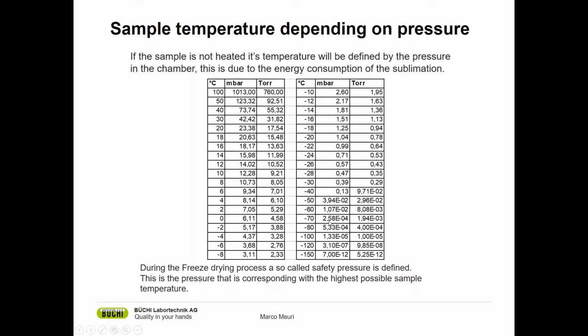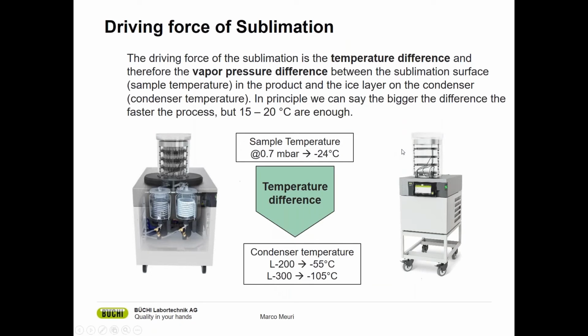Of course, we need to make sure that the pressure is low enough that our sample will not start to melt. So make sure it definitely is well below its freezing point. But now what's very important in freeze drying and what is actually making the process move is the difference of the temperature of the sample and the condenser.